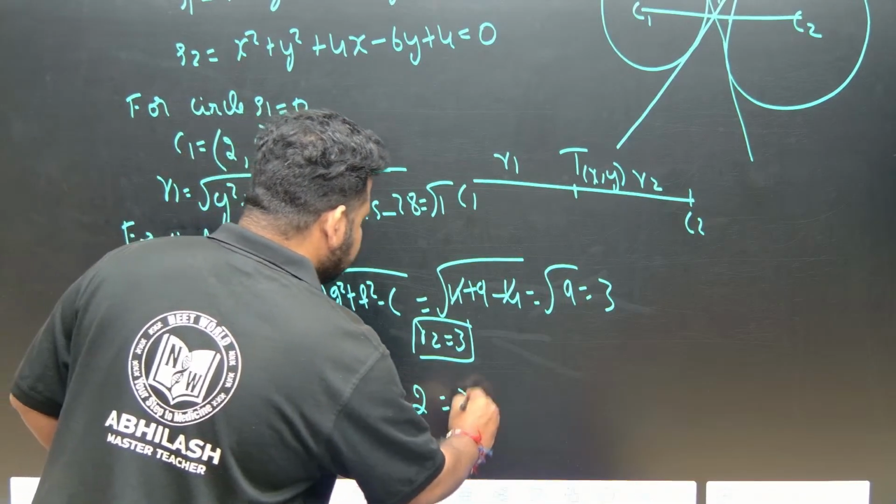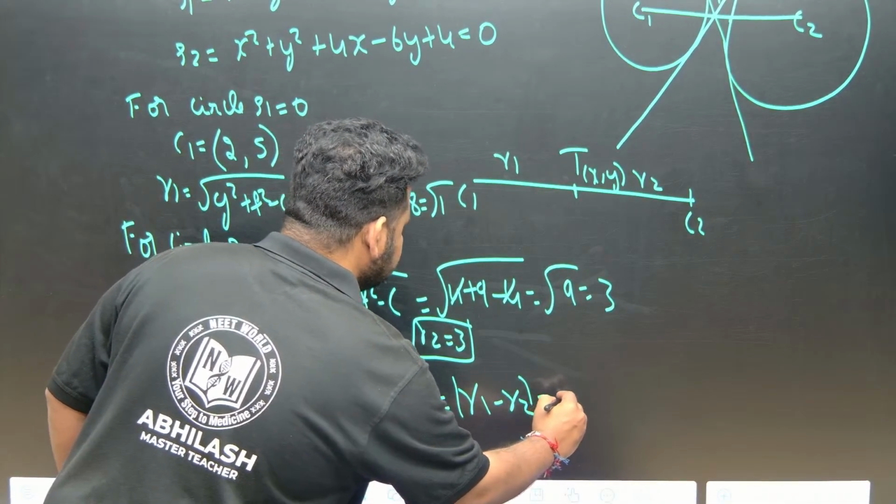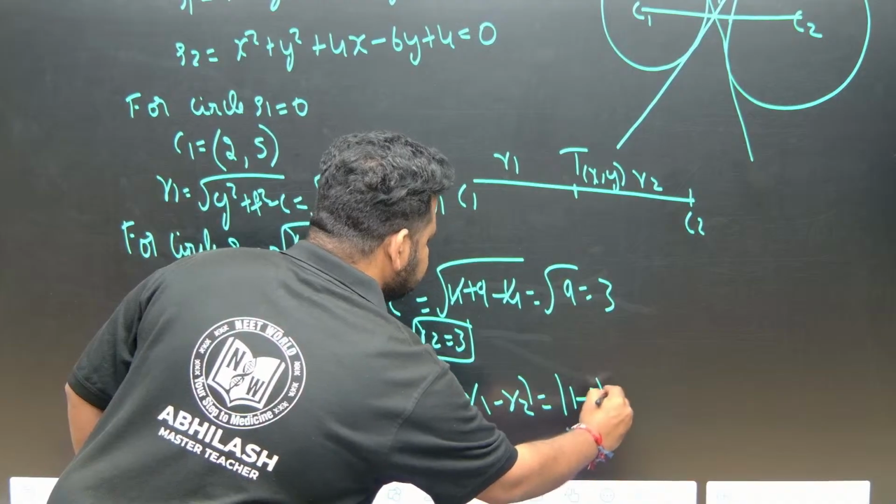That is nothing but the modulus of R1 minus R2, that is 1 minus 3, that is nothing but equal to 2.